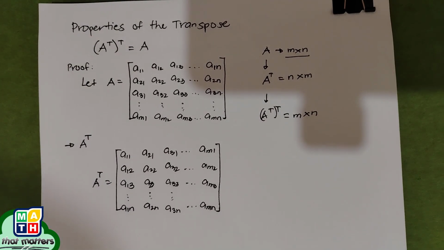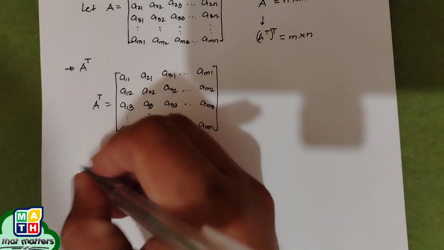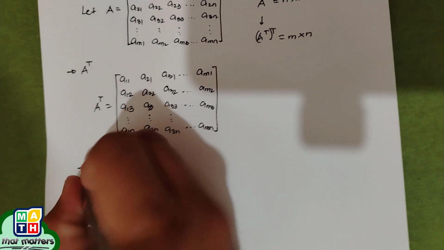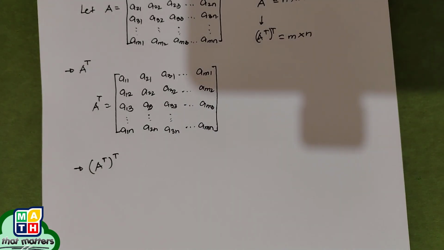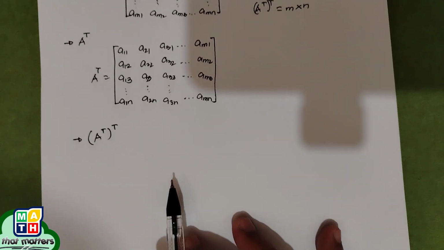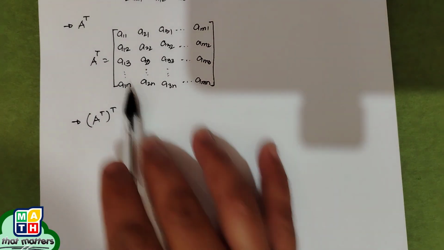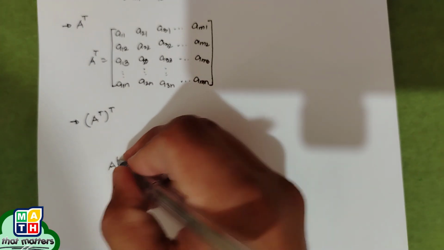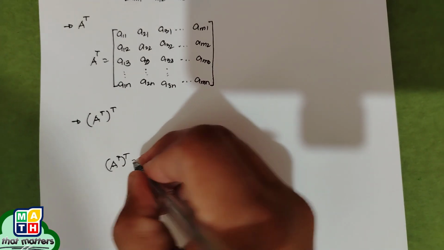But component-wise, we're going to show it here. So we have the transpose of the transpose. This will be our new reference, and we're going to take the transpose of this.